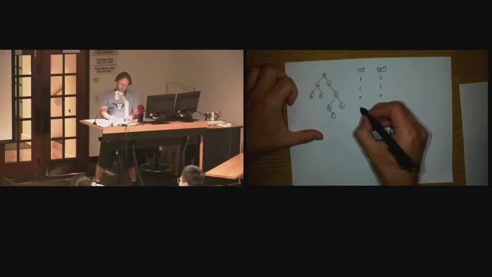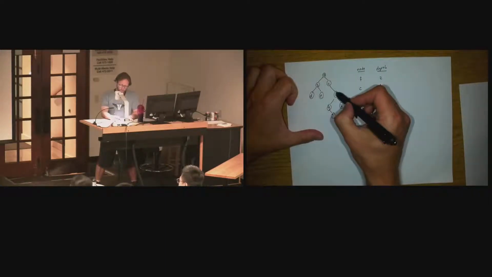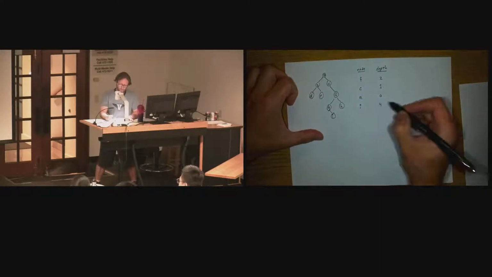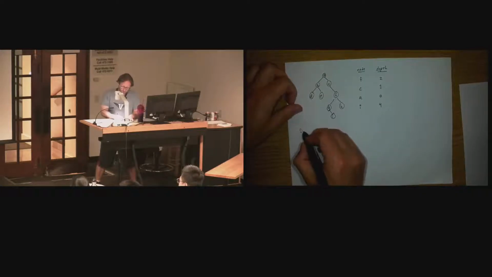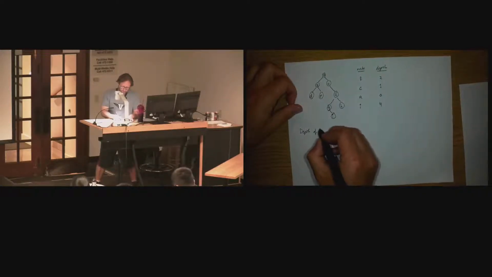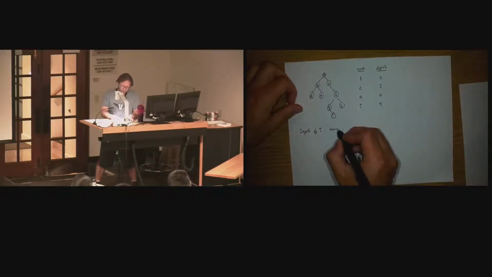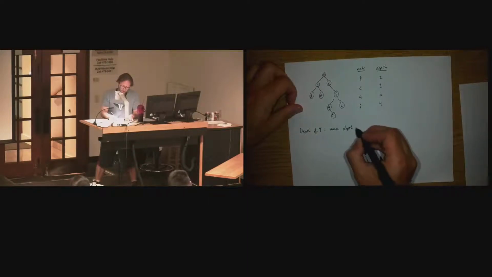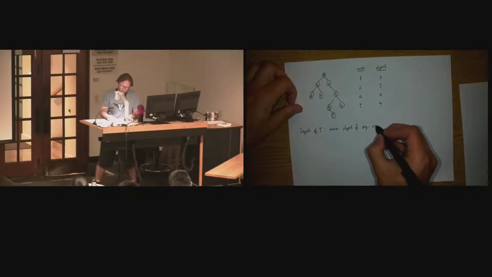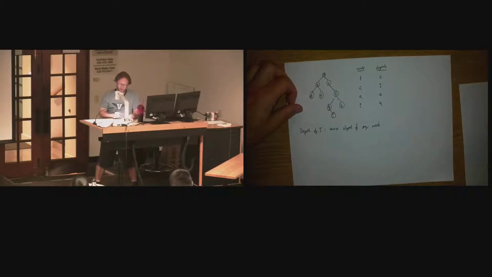What about I? 1, 2, 3, 4. All right. The depth of the tree is the maximum depth of any node. Okay? And in this case, I already gave you the deepest one, it is going to be 4. All right?